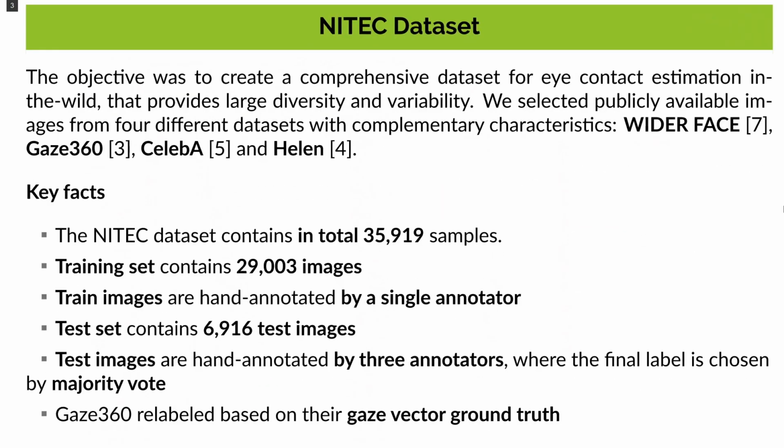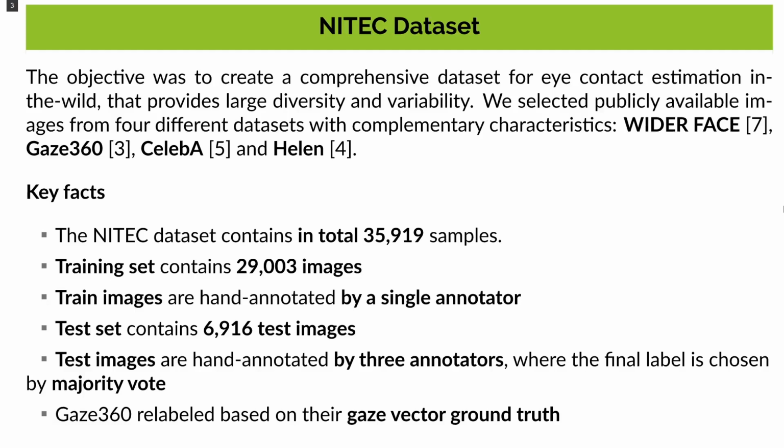NITEC is based on the data from multiple public datasets to increase the diversity and variability. The chosen datasets are Helen, CelebA, Gaze360 and WIDER Face. In total, there are almost 36,000 samples in the dataset, where 29,000 are in the training set and the rest in the test set.